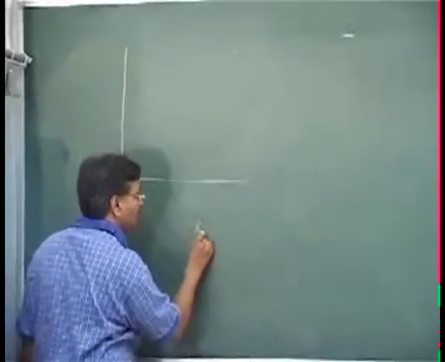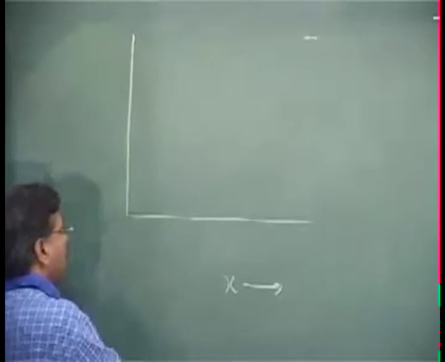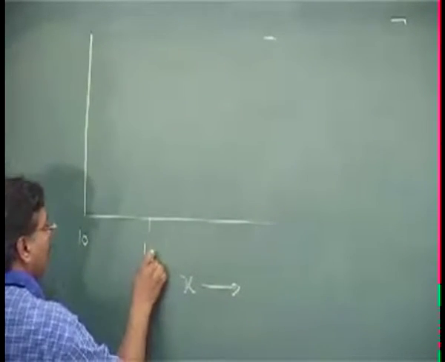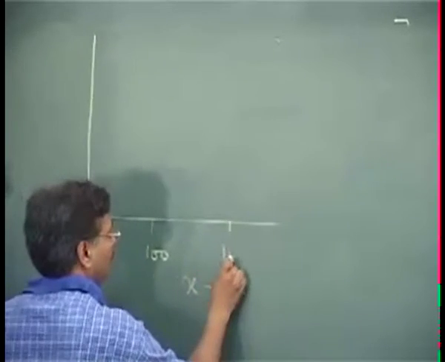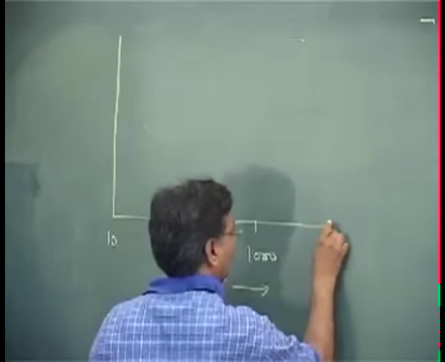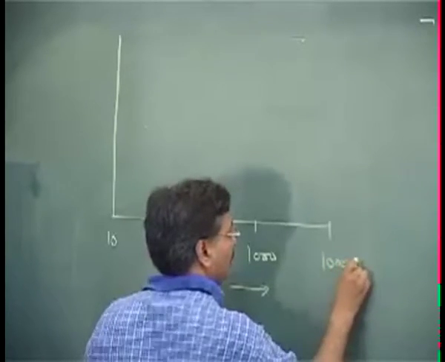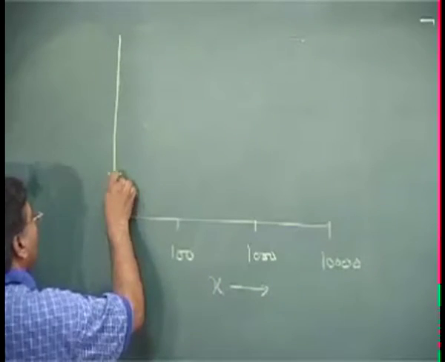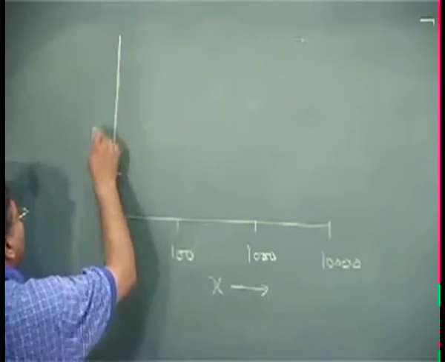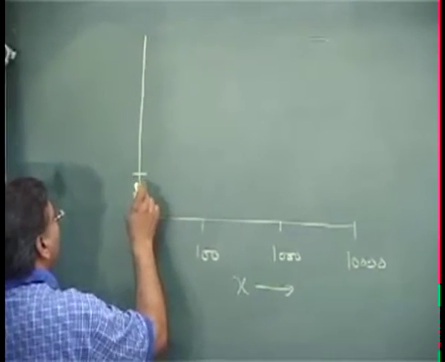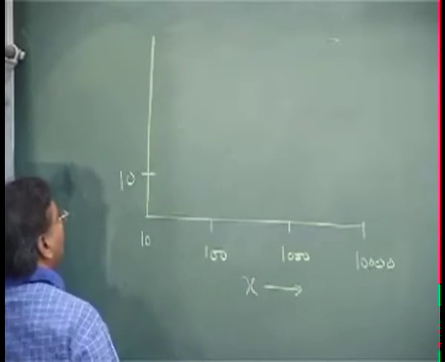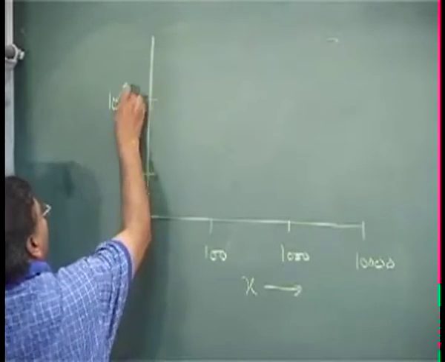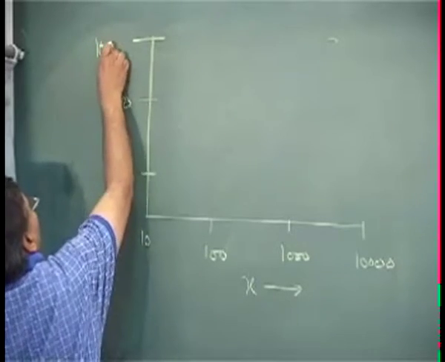So this side is the downwind distance x, on a logarithmic scale, 10, 100, 1000, 10,000.